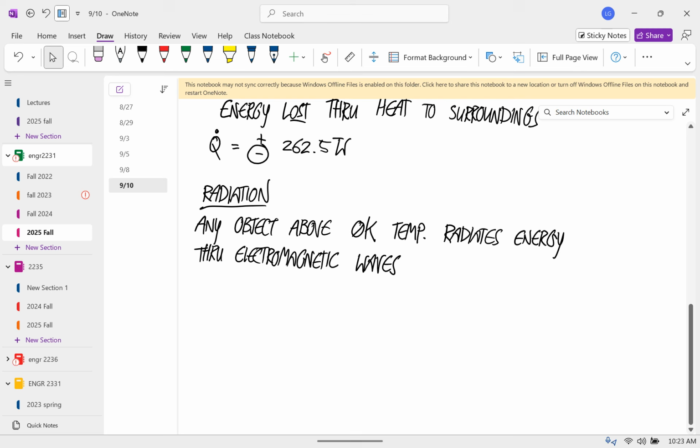Yeah, not just particles, but charged particles. Right, so remember from physics 2, the motion of charged particles creates magnetic fields. The changing of magnetic fluxes creates current.